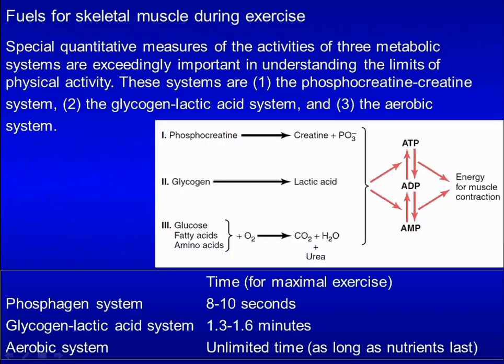During exercise, skeletal muscle has 3 sources of energy supplied. First is phosphocreatine system, or phosphagen. It supplies energy for 8 to 10 seconds. Second, glycogen lactic acid system.